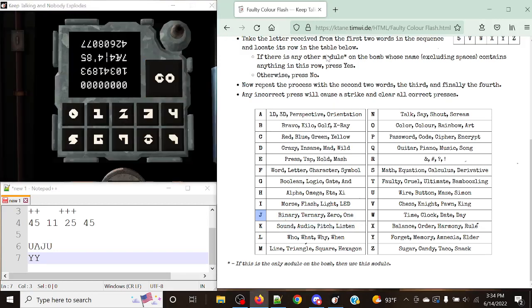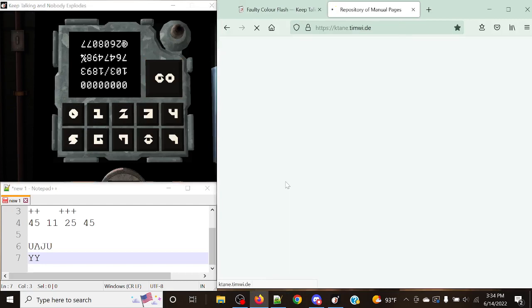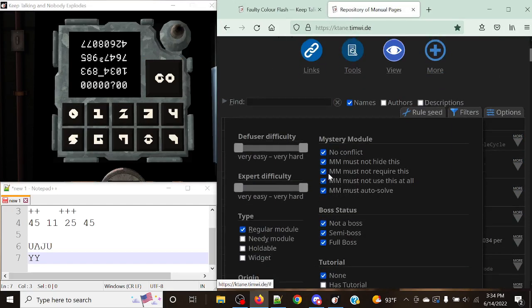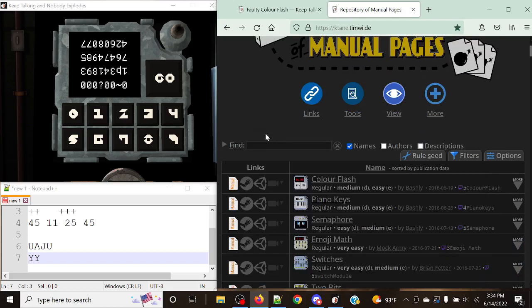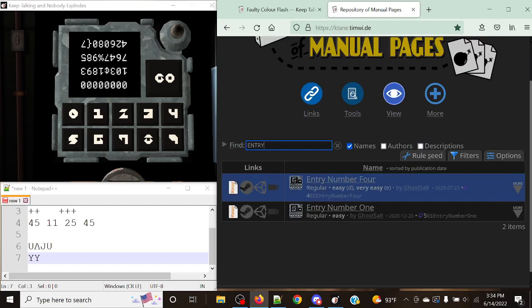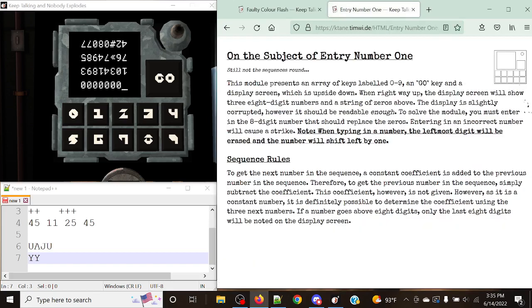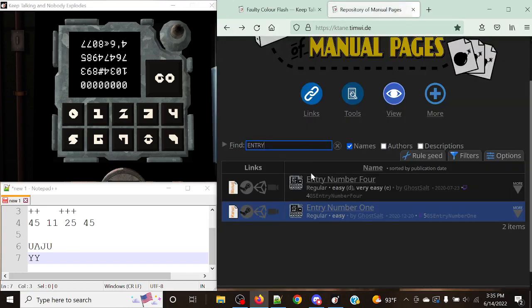I'm not sure which one this is. Is it the upside down one? Entry number 1 or entry number 4? Entry filters, please. I need to turn back on the tutorials. Which one is the upside down one? Is it entry number 1? Let's take a look.